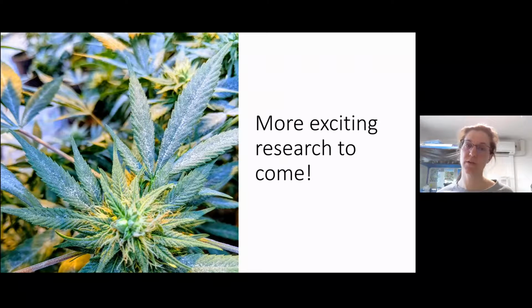I do know that there's some work out of Cornell being done in high CBD cultivars that has indicated there is some amount of resistance there, probably qualitative and not our gene-based resistance. But I do think there's the potential that it's out there and we just haven't seen it yet. So growers, if you see a whole field full of powdery mildew, but you have a couple of plants that don't have it, you may have the next R gene candidate.